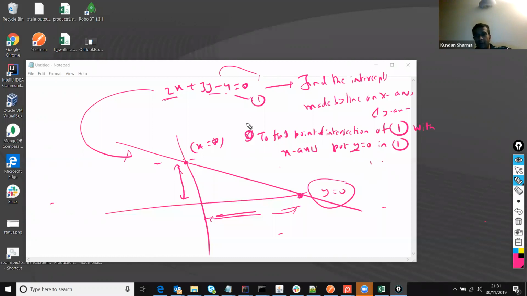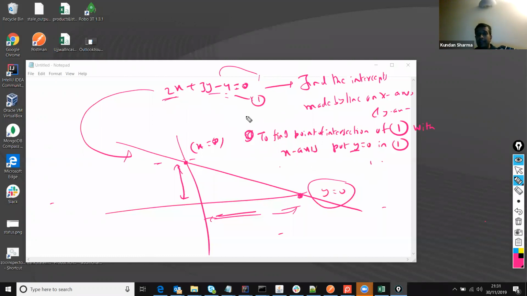That means we are going to substitute y is equal to 0 in 1. So if I put y is equal to 0 in 1, what is going to happen? We can find the value of x. Apur, is it clear to you? Yes. So you don't have to write the whole statement. As you see that I have written 1, wherever I write 1 I am referring to this line.